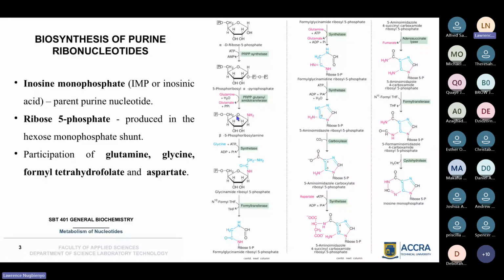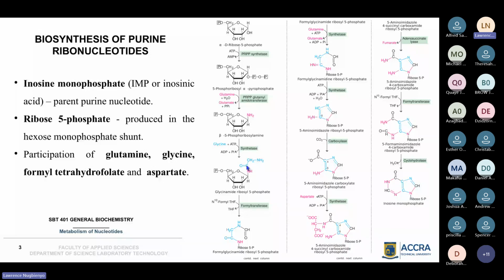Next, we see the second amino acid, glycine, the smallest amino acid. Also, with the participation of ATP, now comes to bind on the amine group, which was first donated by glutamine.